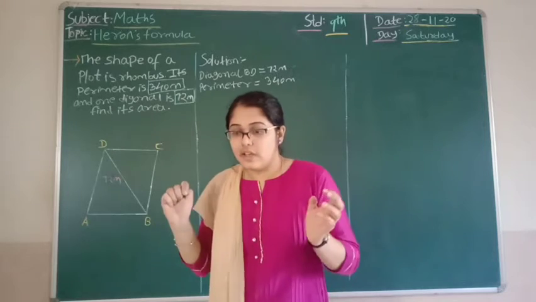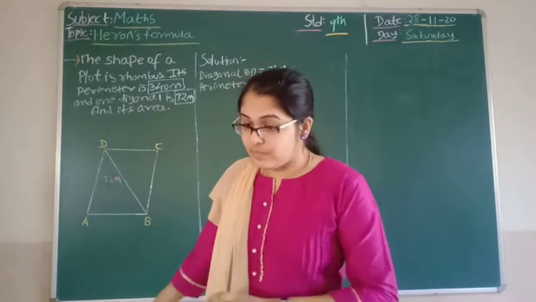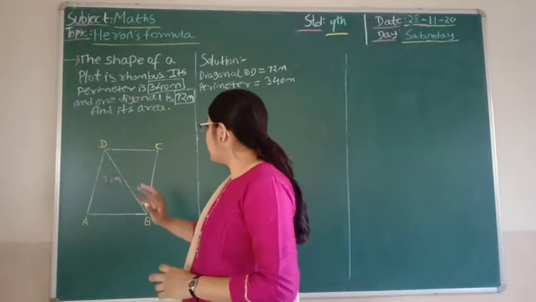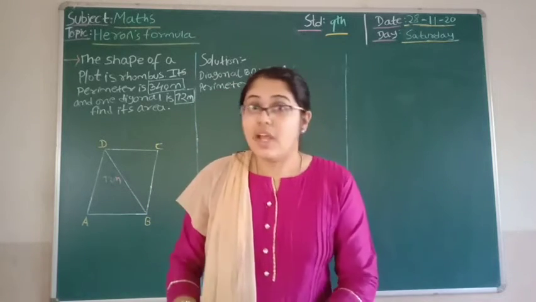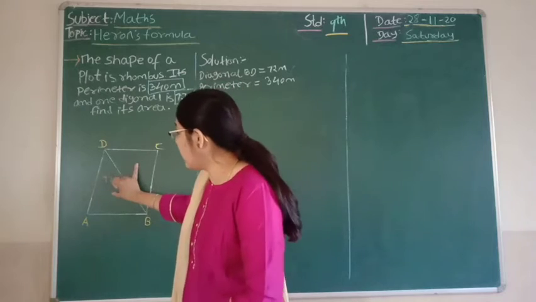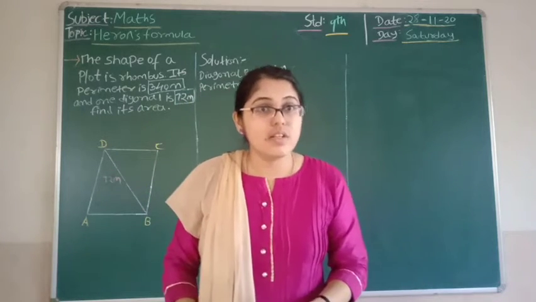Now on that basis, we know that the area of both the triangles is the same, and if we combine the areas of the triangles, we get the rhombus.